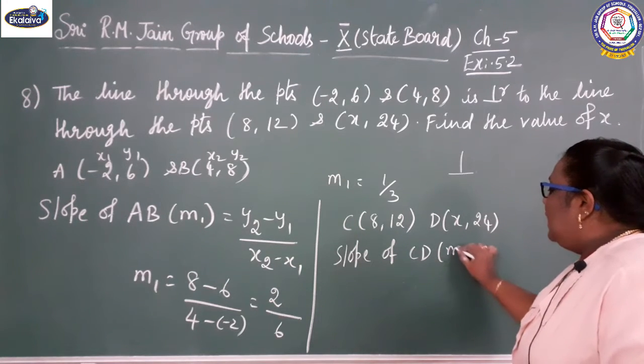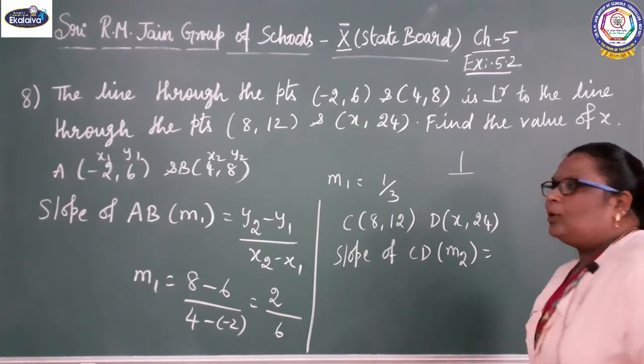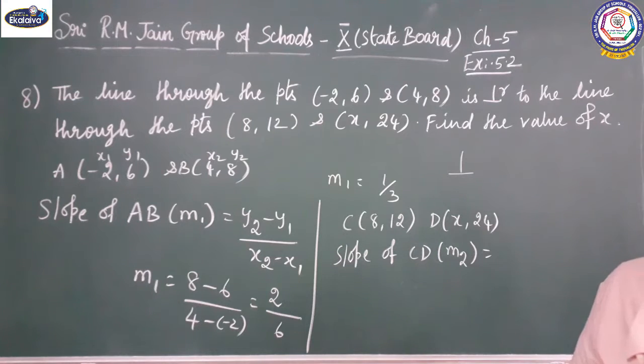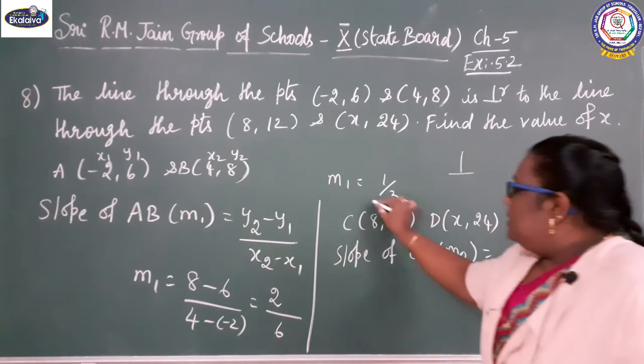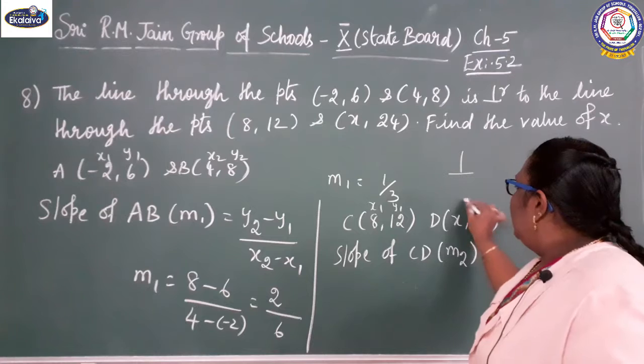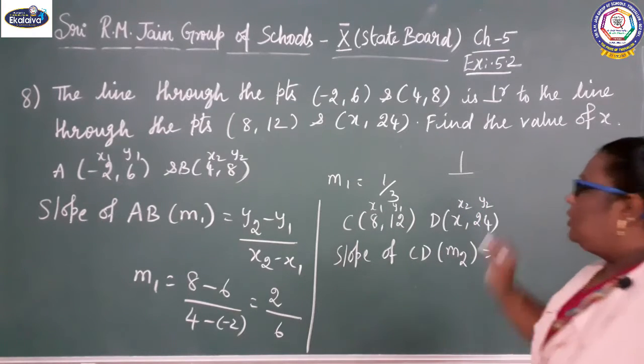Slope of CD, M2, equals the same formula: Y2 minus Y1 by X2 minus X1. This is X1, Y1, X2, Y2.